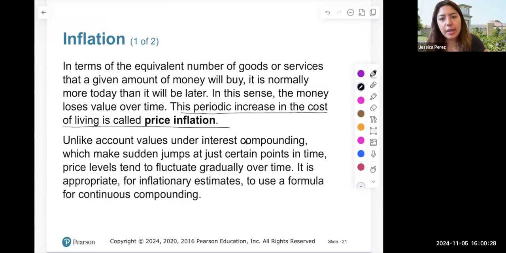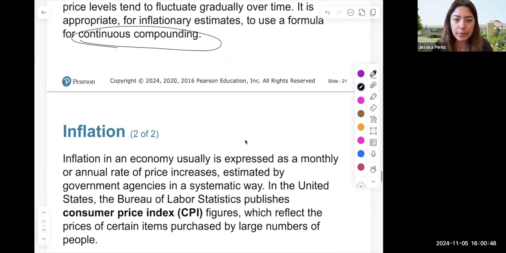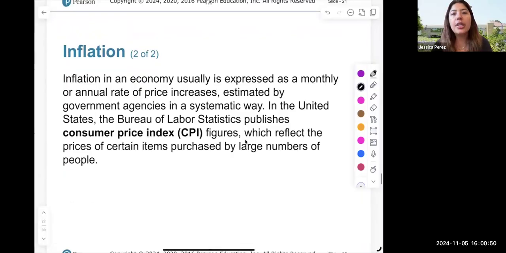Unlike other values under compounded interest, which make sudden jumps in time, price levels tend to fluctuate gradually over time. So there exists a formula for continuous compounding. Inflation is an estimate of a continuous compound. Inflation in an economy is usually presented as monthly or annual prices estimated by the government.